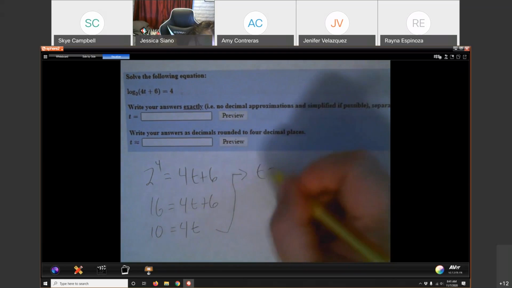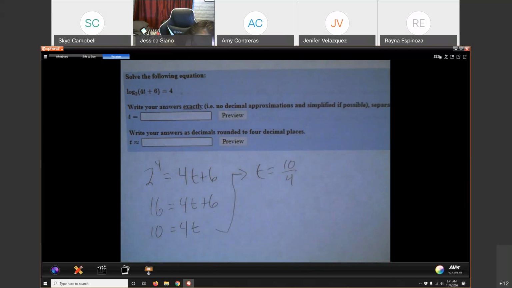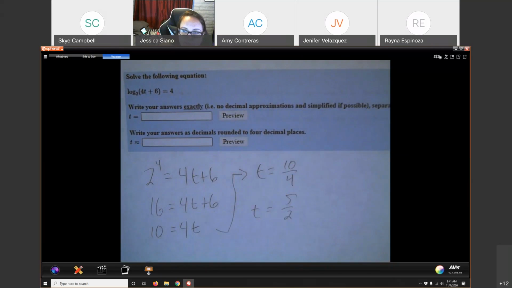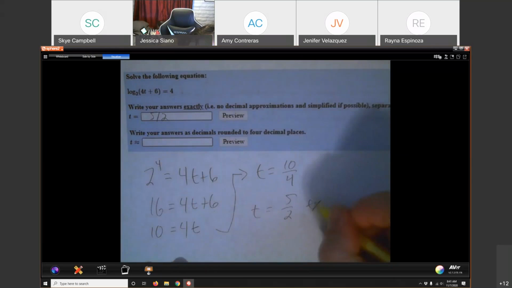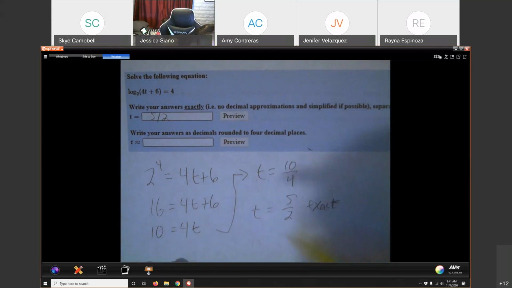Divide by the 4. And that would reduce to 5 over 2. So my exact answer would be 5 over 2. And my rounded answer would be 2.5, even though that's not really rounded, but whatever.